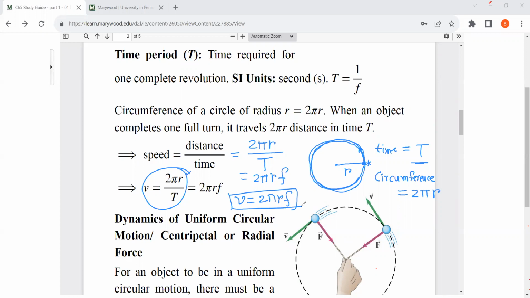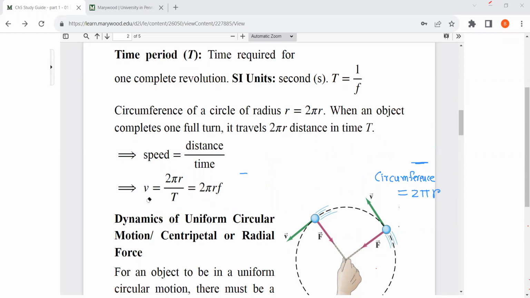We'll be using these equations when we solve some problems. These two relations give us the relationship between the speed and the time period, or the speed and the frequency. All right, so let's move on.